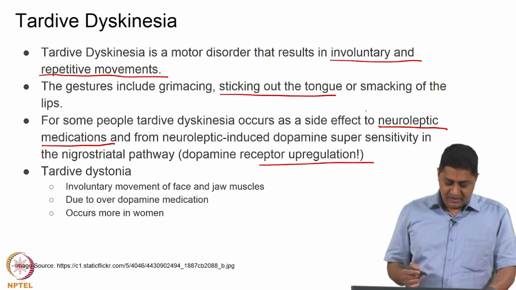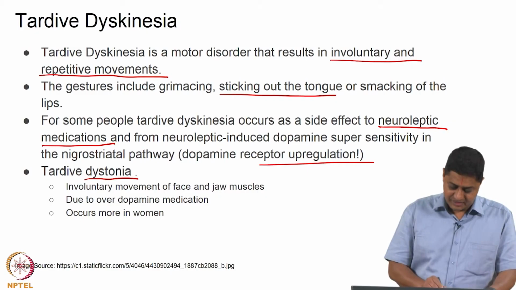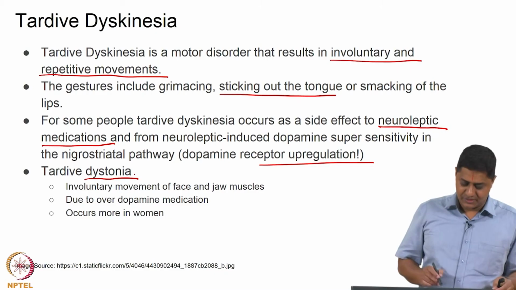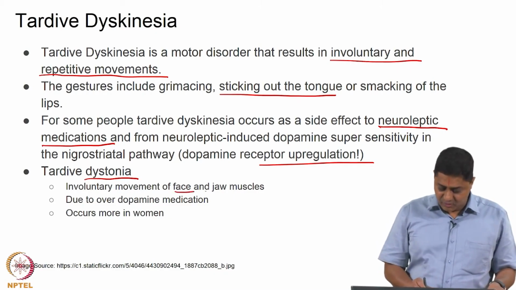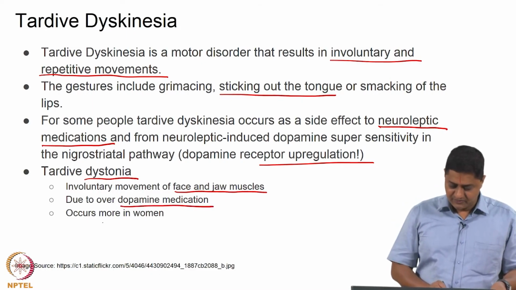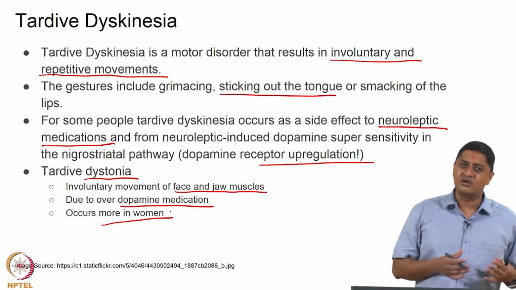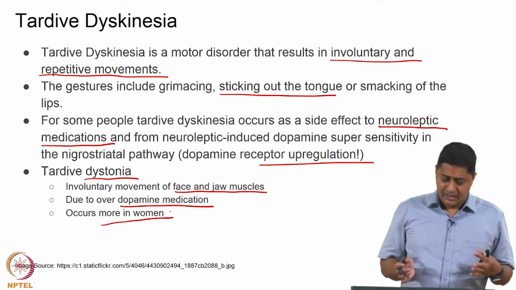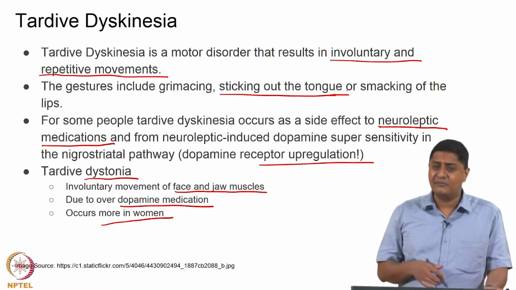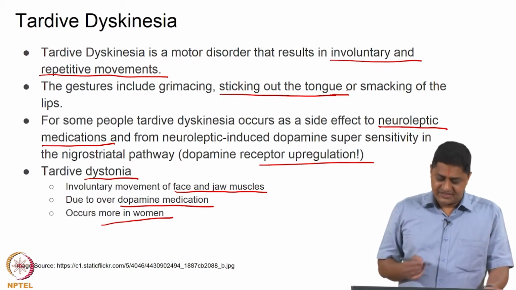One particular form of tardive dyskinesia is tardive dystonia, which is related to tardive dyskinesia and also related to dystonia. Again, in this case there are involuntary movements of face and jaw muscles, again due to dopamine medication. It occurs more in women when compared with men, and more in older people when compared with younger people. In some cases it also happens as a result of other medication side effects. So, this is tardive dyskinesia.